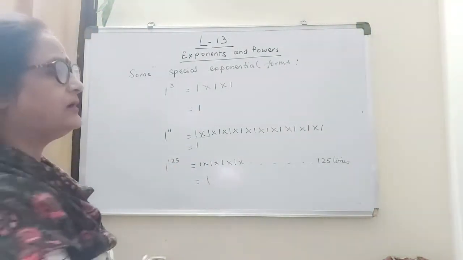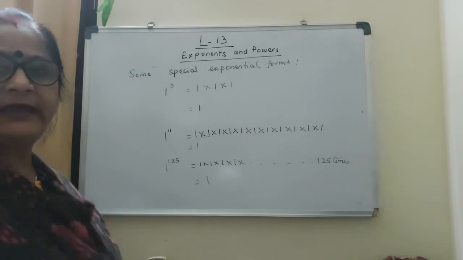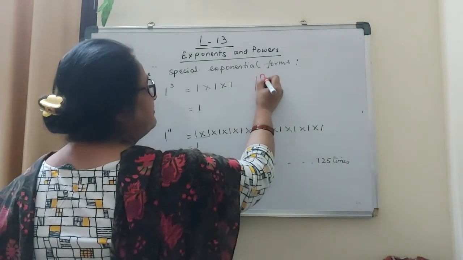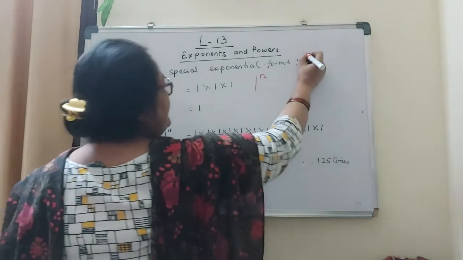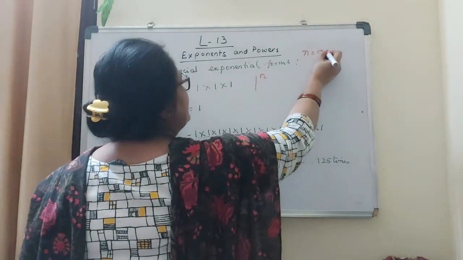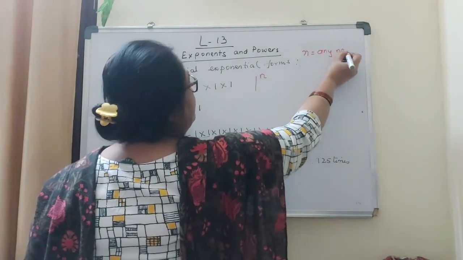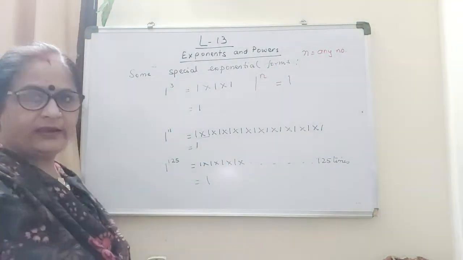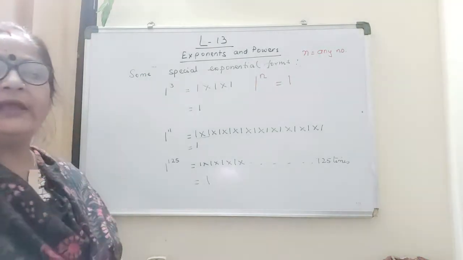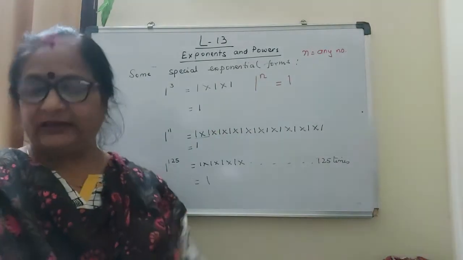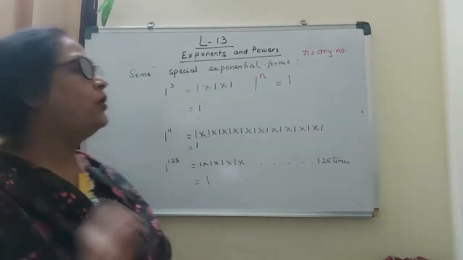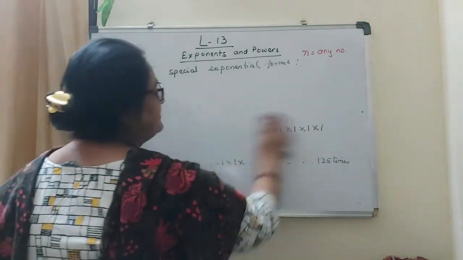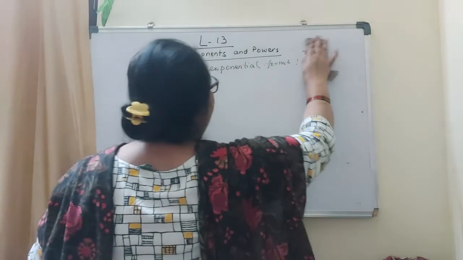So in other words, I can write it as 1 raised to the power of n, where n is any number, is always equal to 1. Okay, if 1 is raised to any power, then it is always equal to 1. Now let's go on to the next special form.